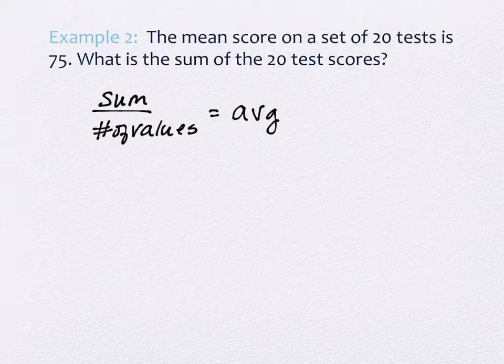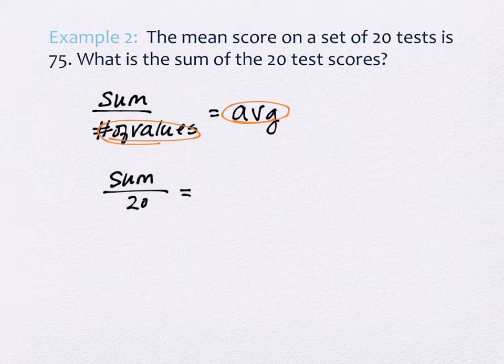So if you take a look at the process that we did for finding a mean or an average, they're actually giving you a little bit of different information this time. Which pieces of these three informational pieces do they give you? The number of values and the average, you bet. So the sum is what I don't know, I'll find. How many values was I given? 20.